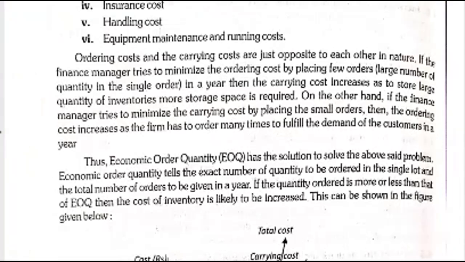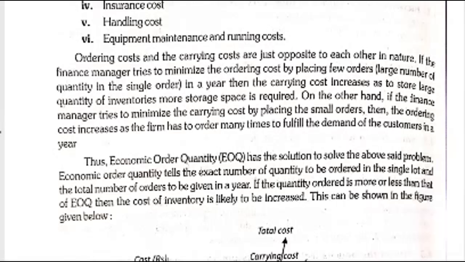If the finance manager wants to minimize ordering cost by placing few orders, or by ordering a large quantity in a single order, then what will happen? Because of ordering a large quantity in a single order, ordering cost gets minimized. But because large inventory comes up in the organization, you need to incur a huge amount of carrying cost or storage cost.